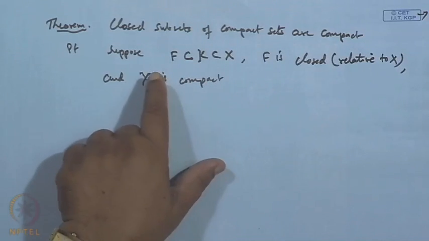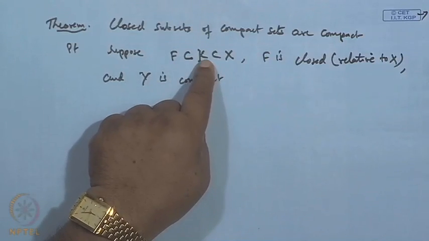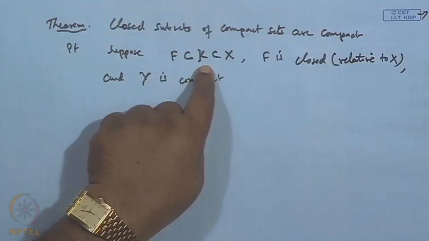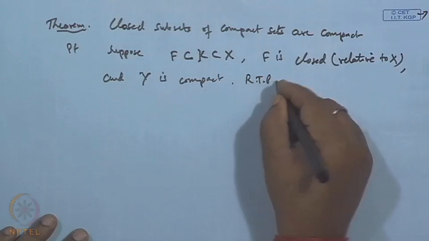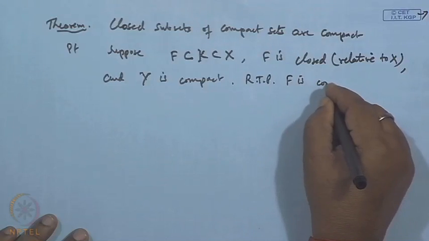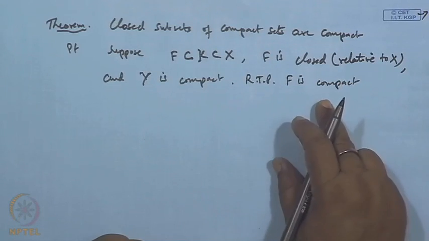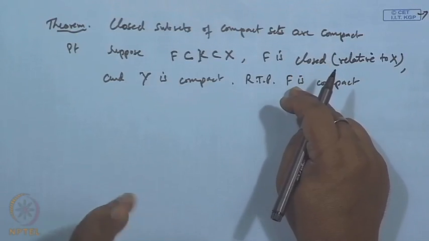What we want to show is that this closed subset F, which is a subset of a compact set, is compact. So every closed subset of a compact set is compact, that is what we show. So, what is required to prove is F is compact. F is compact means that every open cover of F will have a finite subcover.